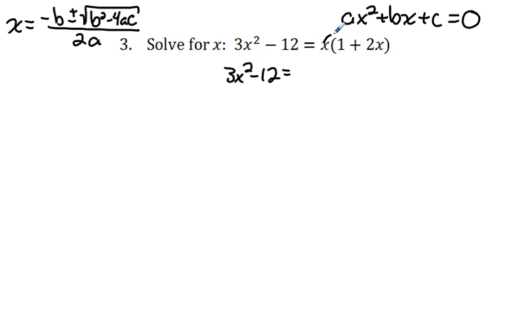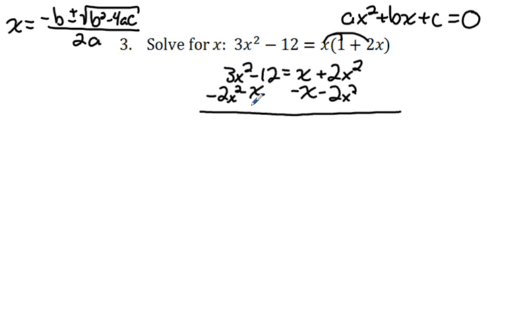And over here, we now have x plus 2x squared. So we got to get all this stuff over here on this side, and we do that by adding the opposite to both sides. In algebra, you can do anything as long as you do it to both sides. So if I subtract x from this side, I have to subtract x from this side. If I subtract 2x squared from this side, I have to subtract 2x squared from this side.